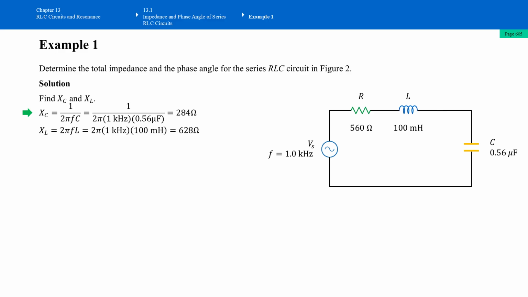Punch these numbers into the calculator and we get 284 ohms. And then for XL, the formula is 2 pi fL, that equals 2 pi times 1 kilohertz, multiplied by 100 millihenry, that equals 628 ohms. Now we have both reactances. We are ready to find the total reactance of this series RLC circuit.